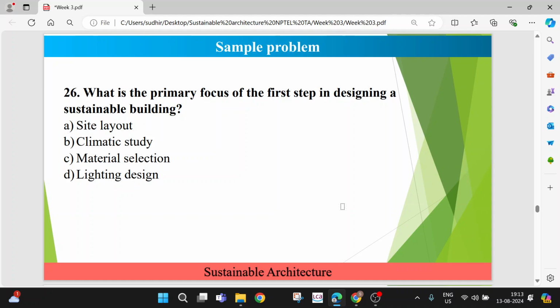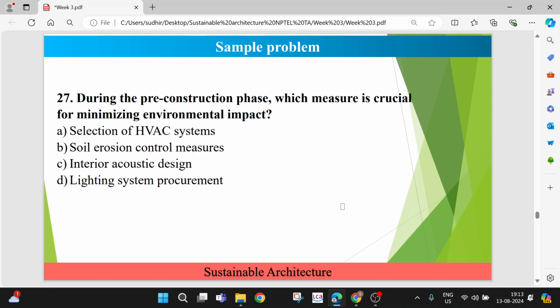Okay, then can we move to the next question? Yes, sir. Okay, then here is question 27. During the pre-construction phase, which measure is crucial for minimizing environmental impact? Option B, sir.